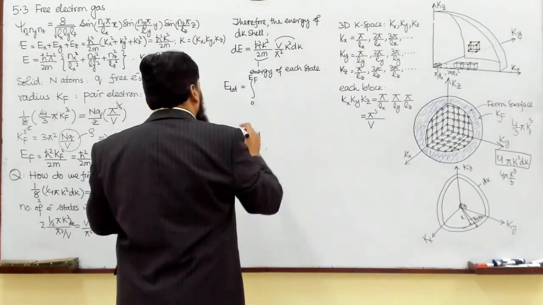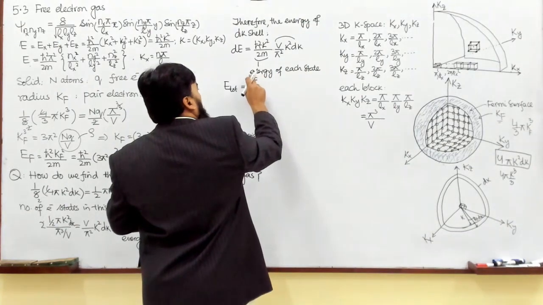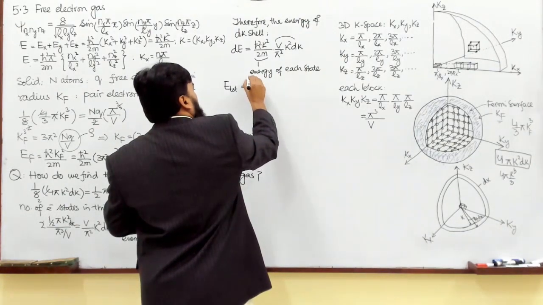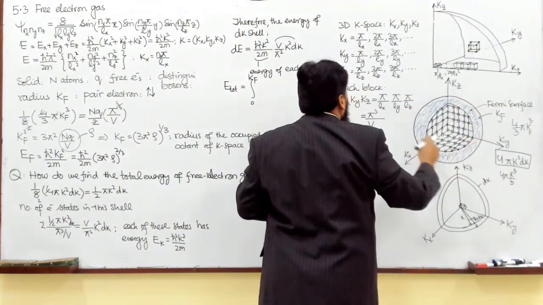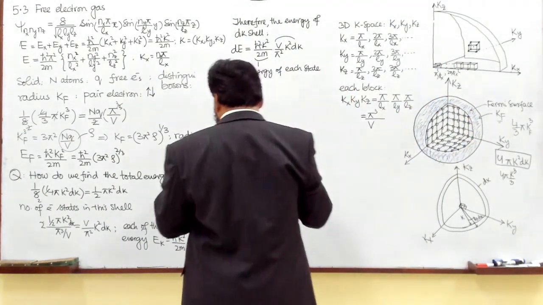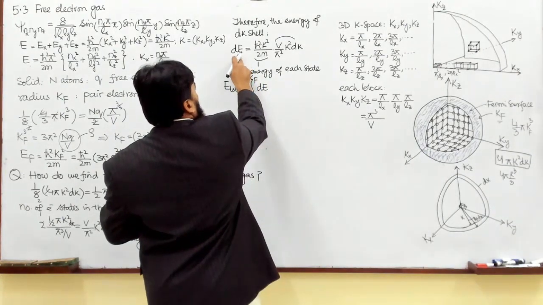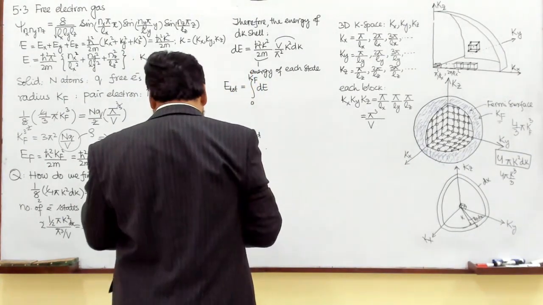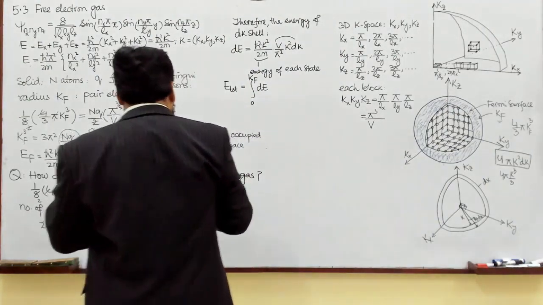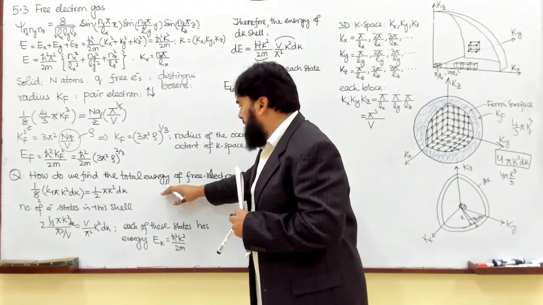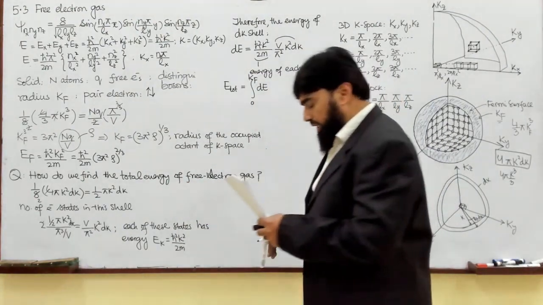As I am integrating on k, I will integrate up to kf, meaning the radius of this sphere, and dE, in order to get the total energy. And this was our question, the total energy of the free electron gas.